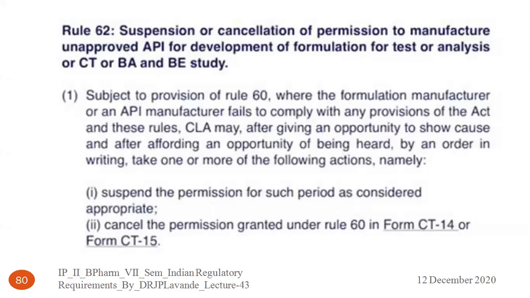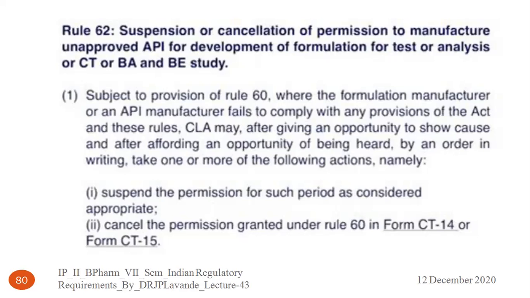Subject to the provision of Rule 60, where the formulation manufacturer or an API manufacturer fails to comply with any provision of the Act and these rules, the Central Licensing Agency may, after giving an opportunity to show cause and after affording an opportunity of being heard, by an order in writing, take one or more of the following actions.